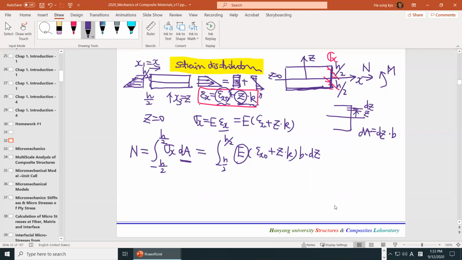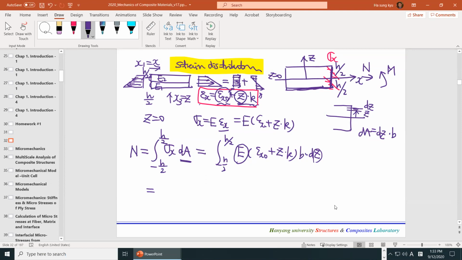Why? Because we have E1 and E2, different materials. Well, in general, we may have many different layers, and depending on the layer sequence, we can take E as a function of z.